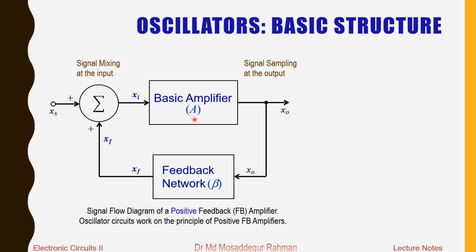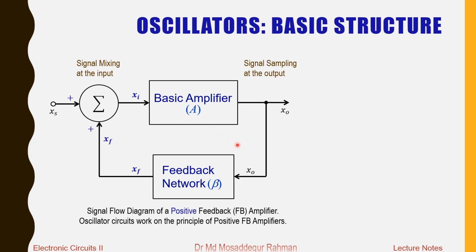So that was the basic structure of the feedback amplifier that we used for performance improvements of the amplifier circuits, and that same structure is also used for the oscillator circuits, but with one small but very important difference: the feedback here in this case is positive instead of negative as we had for the feedback amplifier.